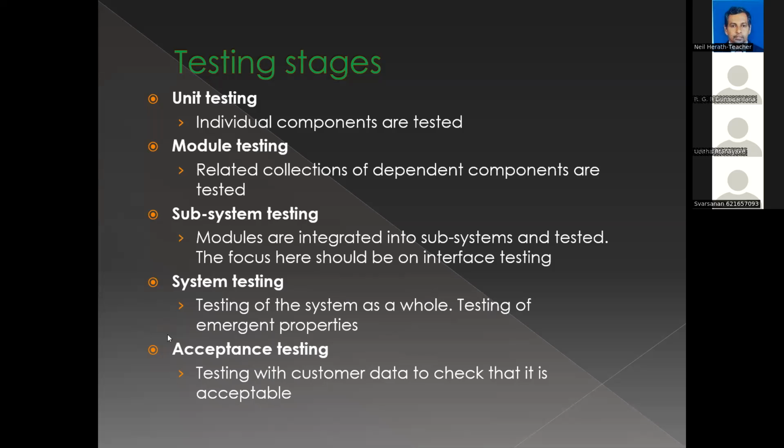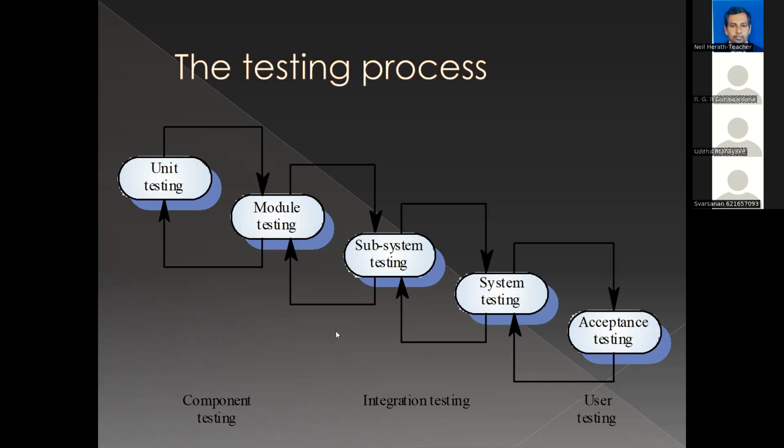The important difference is that acceptance testing is done with the customer, and whether the product is accepted or not will depend on the system passing the acceptance testing. This diagram also shows the testing process that we discussed: component testing, integration testing, and user testing at the end.